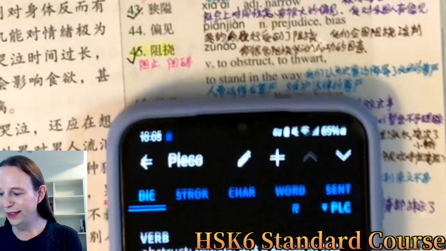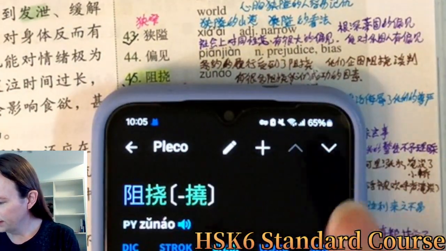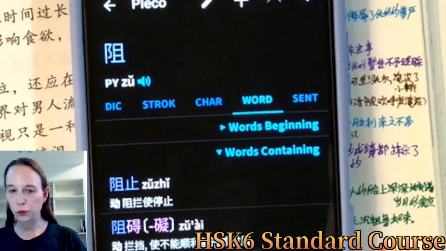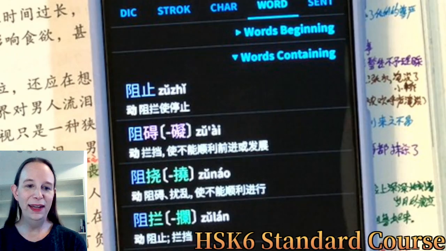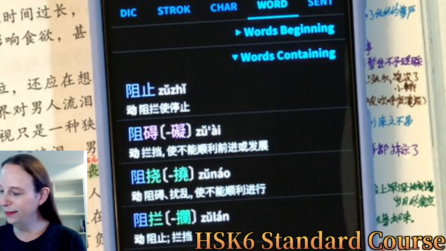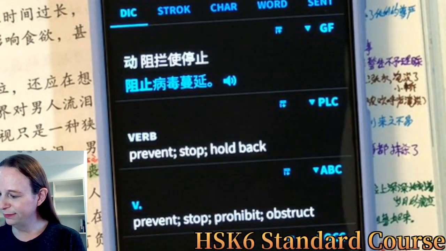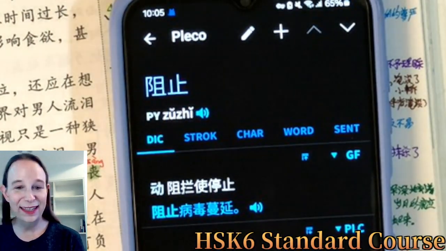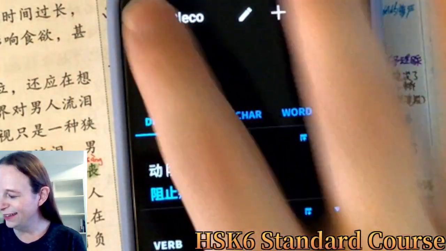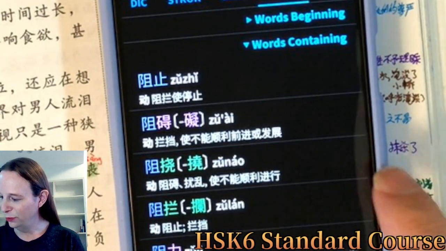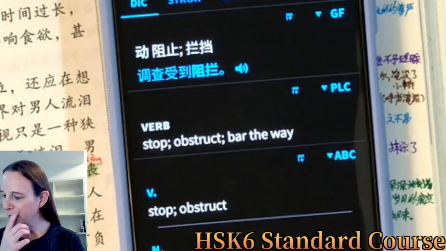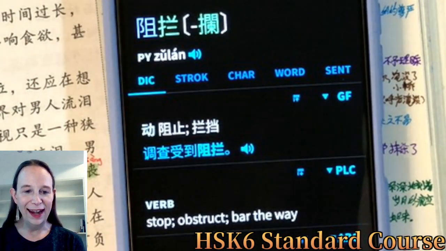阻 is used in a bunch of words, actually. 阻止. One of the many words meaning prevent. 阻止. 阻拦使停止. 阻拦 is another one. 阻碍, 阻挠, oh, sorry, I got my terms wrong on this one. 阻拦?